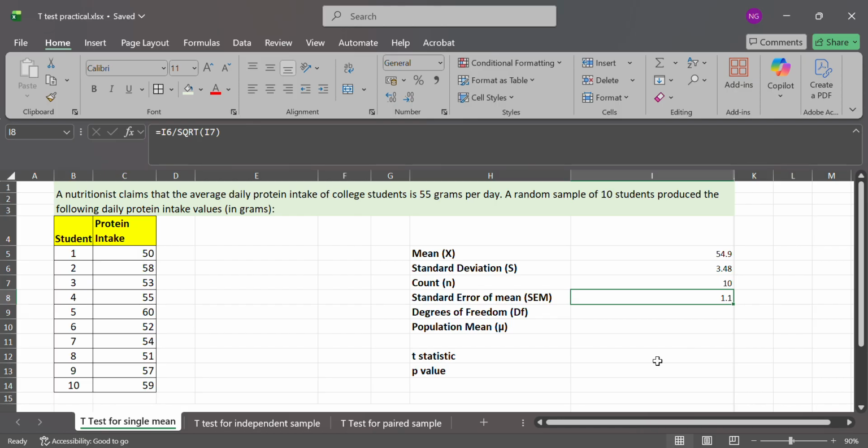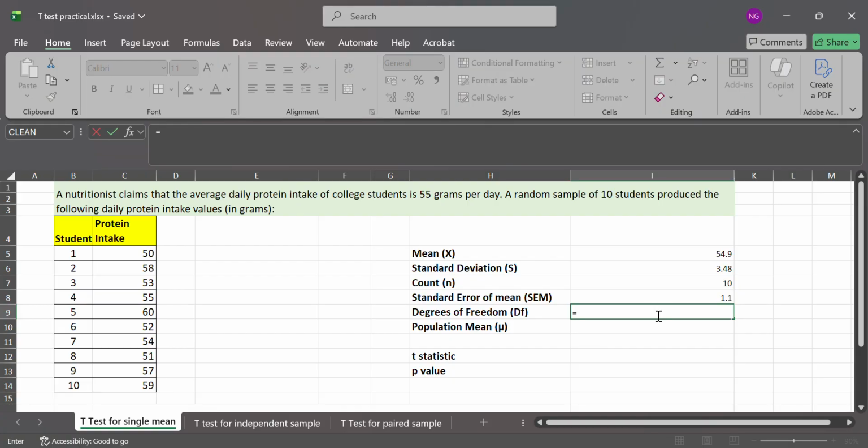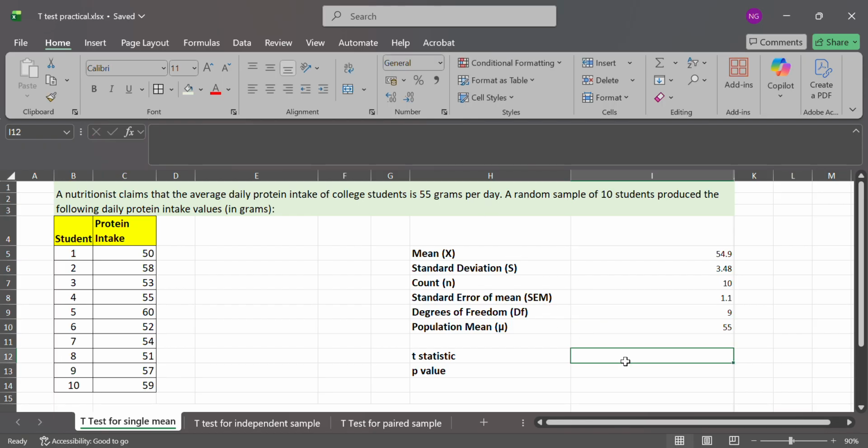So my standard error of mean is 1.1. Degrees of freedom we know is n minus 1. So here again we are going to write equal n minus 1, which is going to be my 9. My population mean is already given to me in the question, which is 55 grams.